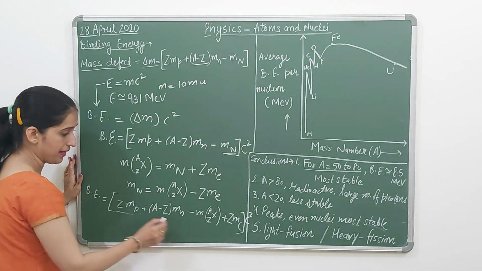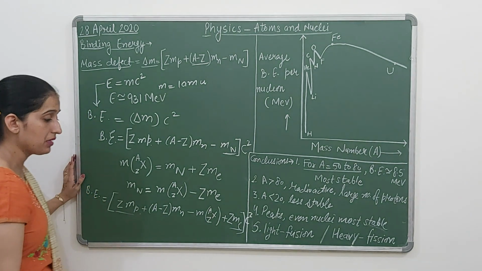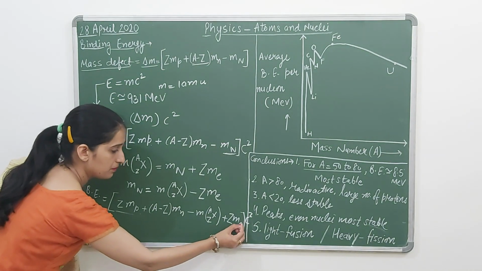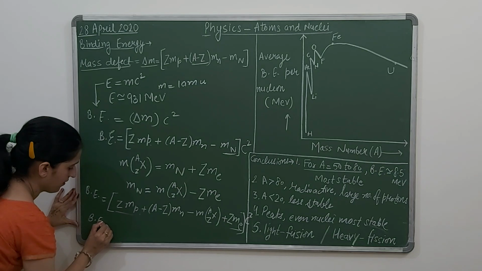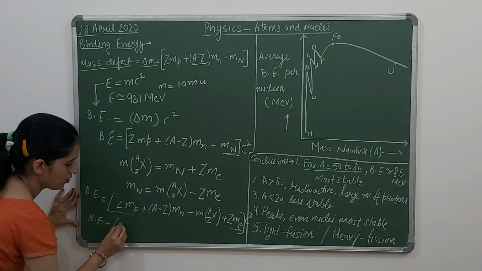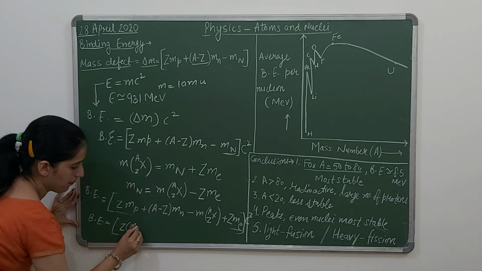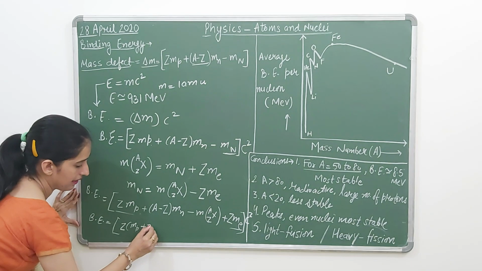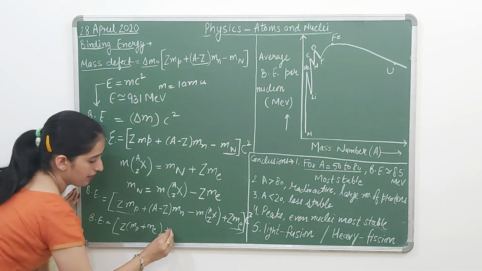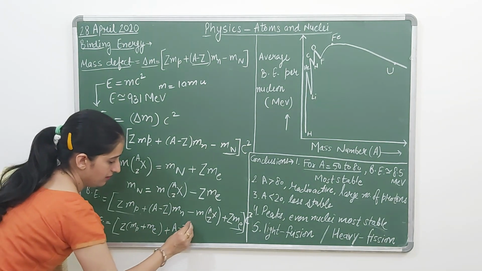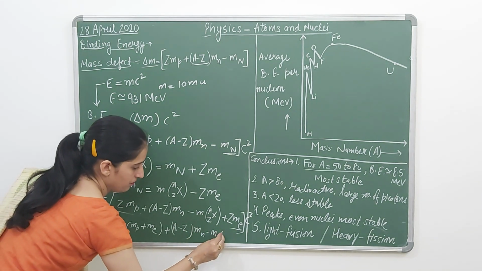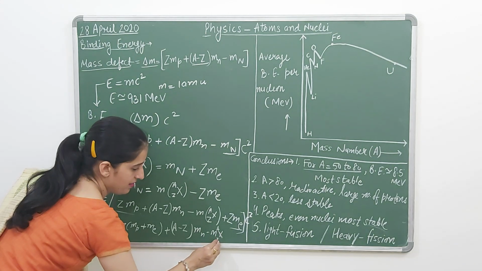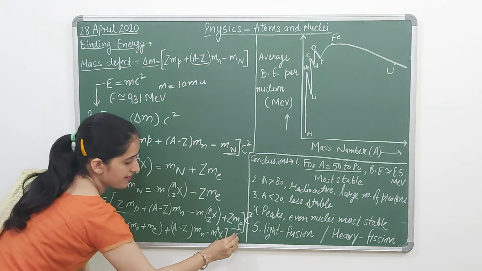Now Z Mp and Z Me, I am combining these two. Binding energy equals Z times (Mp plus Me) plus (A minus Z) Mn minus M(X,A,Z), times C square.